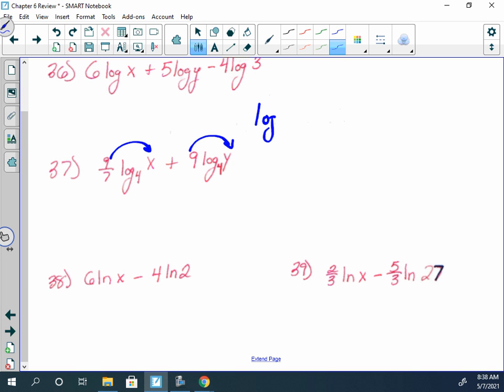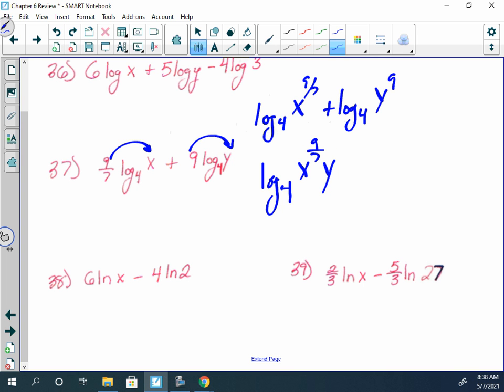I'm not going to have enough space. X to the 9/7 plus 4 of y to the 9th. Now, because these two are added together, I can rewrite it as 1 log, with these being multiplied.